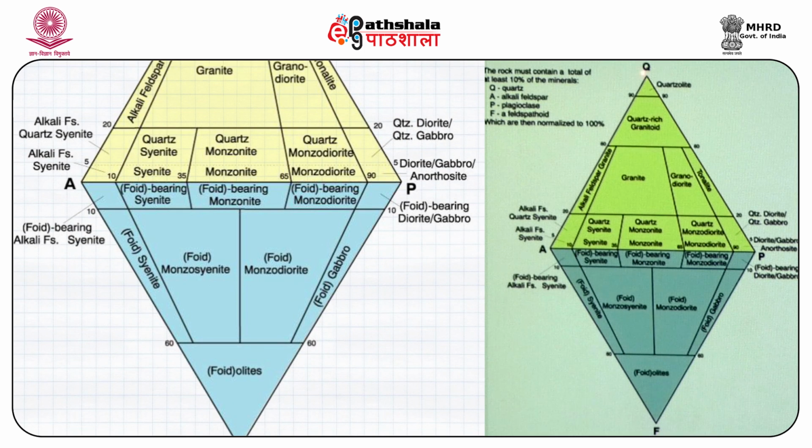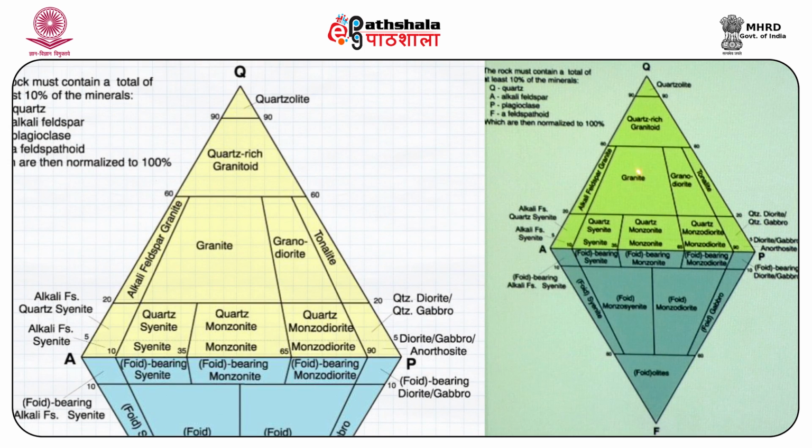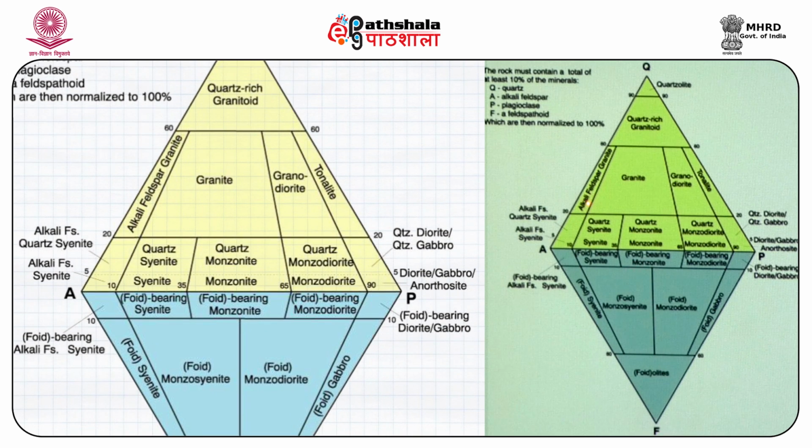So what we see is the more common minerals, and now you can see here that one side is quartz, another is feldspathoid. So if you have a rock like granite, it will not have any mineral of feldspathoid group in this. So this is the division. So above this are more saturated rocks, and these are called as undersaturated rocks.